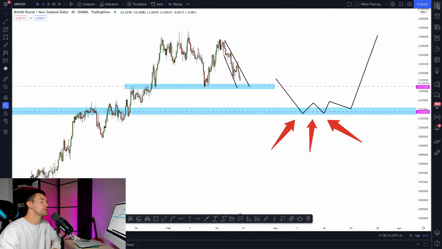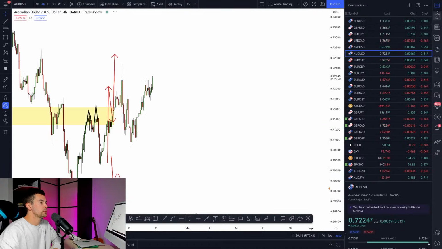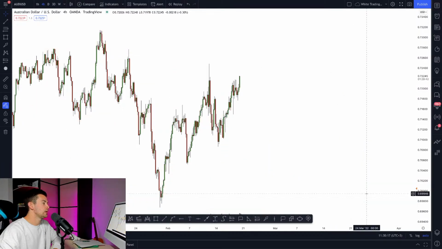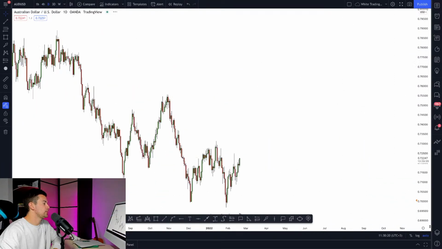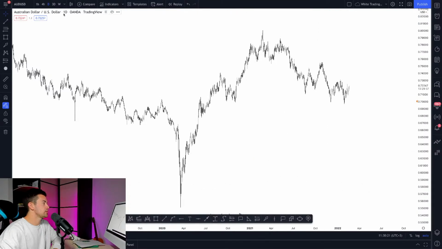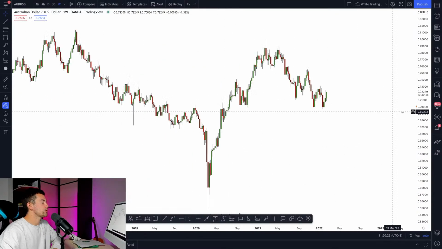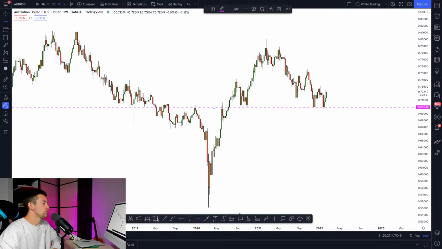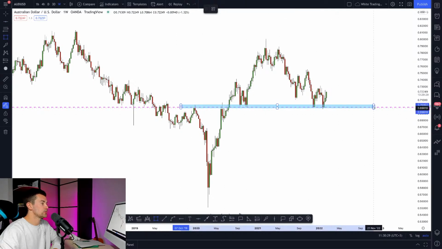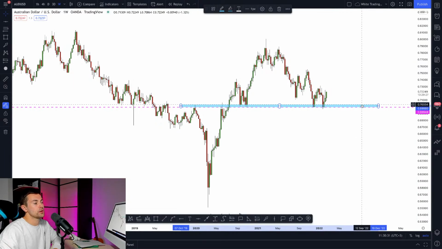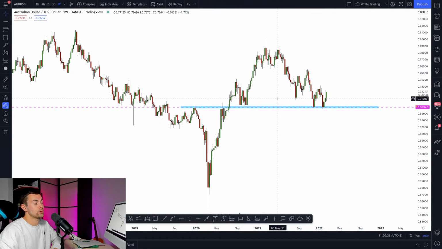With Aussie dollar, it is very hard to see what is happening with the pair at the moment. The fact is that recently the price reached that weekly structure. We got a very strong weekly structure support right here, and by the way, as you remember, together we got a very nice long trade from that structure.